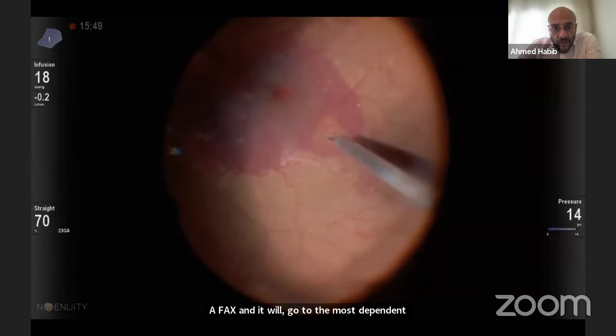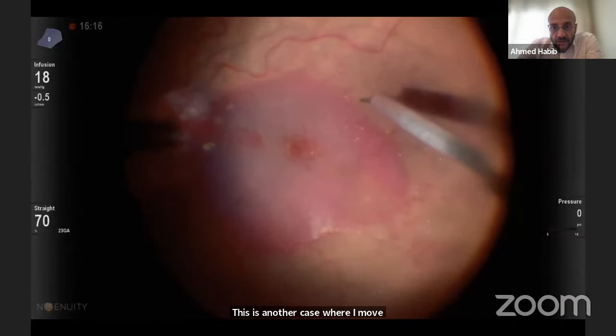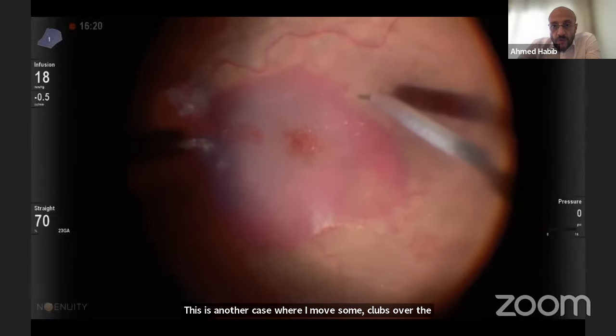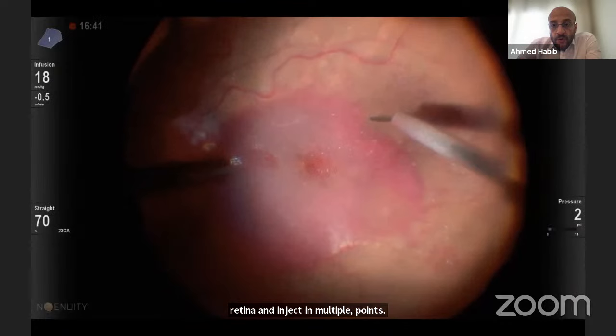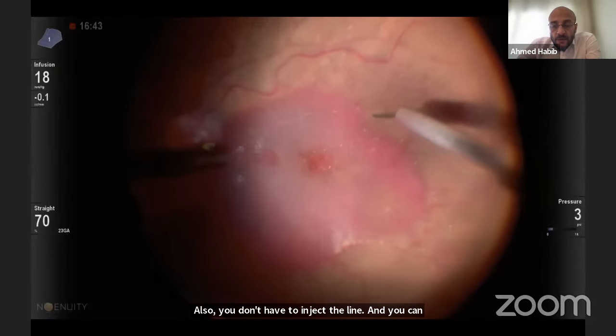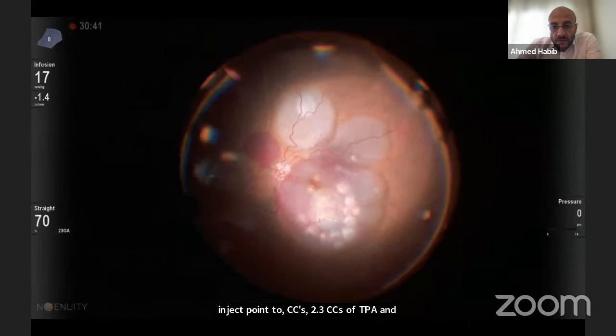This is another case where I remove some clots over the retina and inject in multiple points also. You don't have to inject saline. You can inject 0.2 cc's to 0.3 cc's of TPA, and this will just be enough.